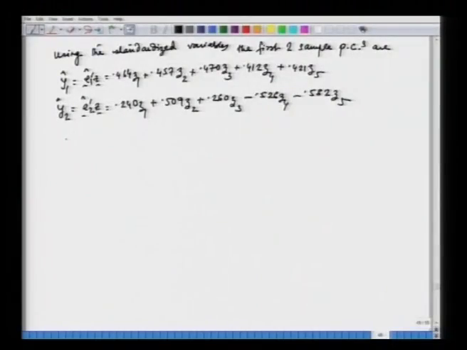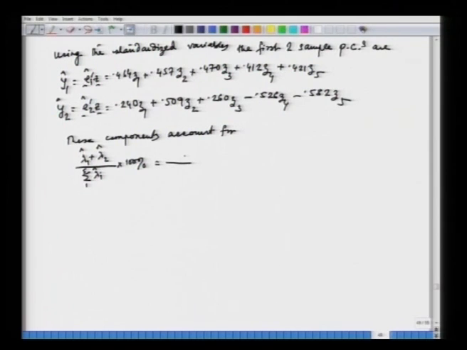This is given by the first two sample eigenvalues. These two components account for lambda 1 hat plus lambda 2 hat over the sum of lambda i hat, i from 1 to 5, times 100%.